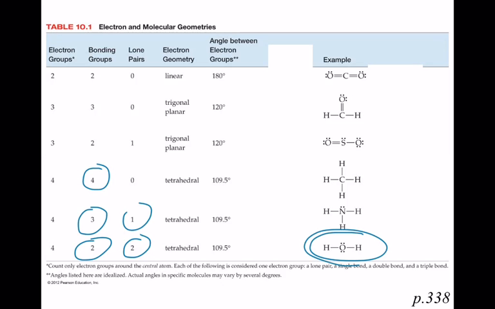This is the Lewis structure of water over here. If you look at the central oxygen atom, the oxygen atom in the middle, I'm counting 2 sigma bonds and 2 lone pair electrons. That's the 4 things giving shape around the oxygen atom.